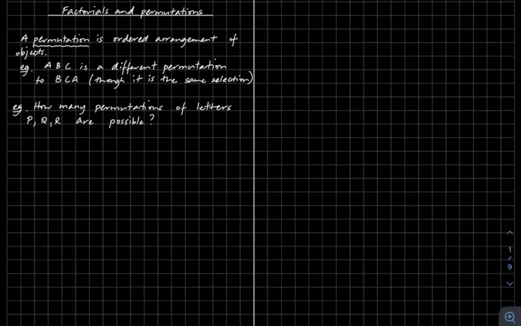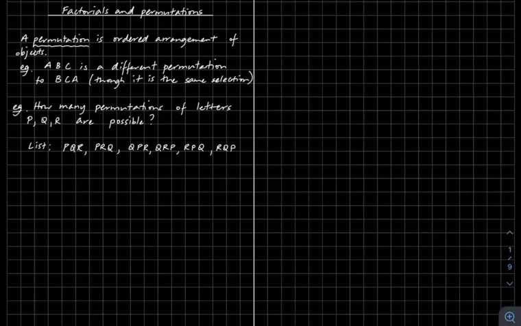If we were going to list them, which we'd probably only do in a very simple case, and this one certainly is, let's list them all off. So if we're starting with P, we can have P, Q, R, or P, R, Q. If we were starting with the Q first, we could have Q, P, R, or Q, R, P. And if we had the R first, what could we have? R, P, Q, or R, Q, P. Hopefully those are all different, but there's our 6 possible permutations or arrangements.